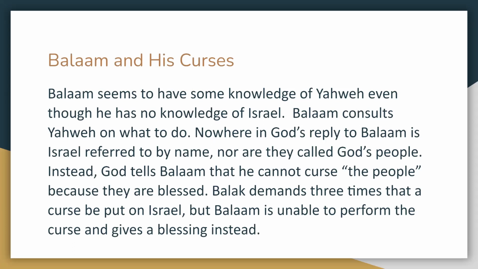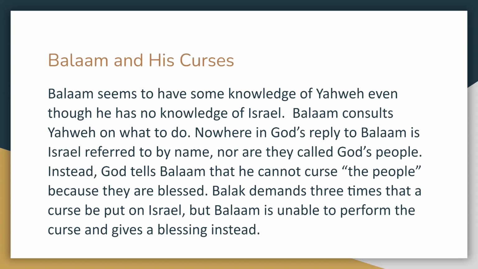So Balaam, the prophet, seems to have some kind of knowledge of Yahweh, even though he has no knowledge of Israel. Balaam consults Yahweh on what he is to do when King Balak's servants arrive to get him. So nowhere in God's reply to Balaam is Israel referred to by name, nor are they called God's people.